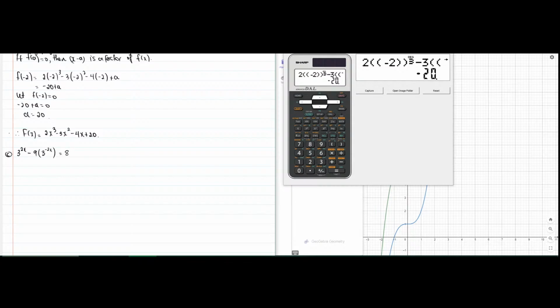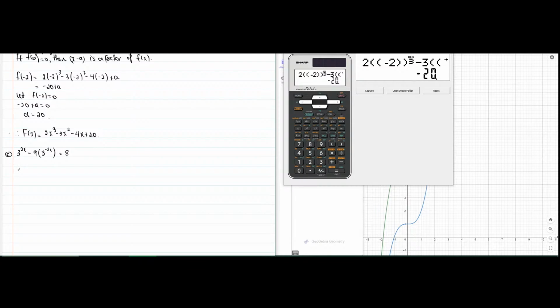I hope you all have all the past papers following. Can't bring them to indices, can't introduce our logs, so we had to make some form of a substitution. So 3 to the power 2x minus 9 into 3 to the power minus 2x.